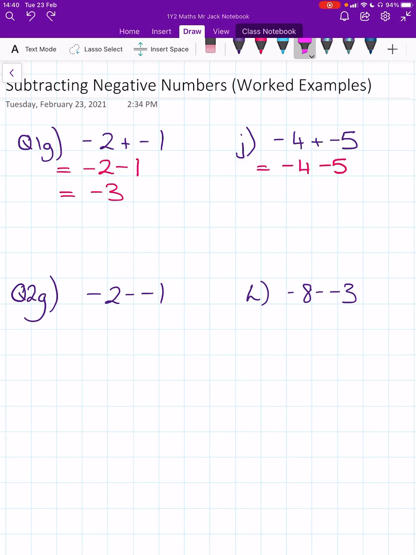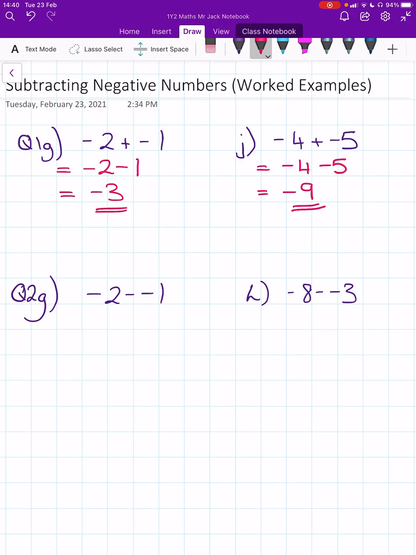Same idea. We start on -4 and we move 5 places in the negative direction because we're subtracting 5. If I'm on -4 and I go back 5 places, that's going to be -9, okay?